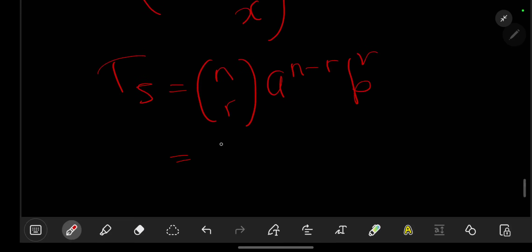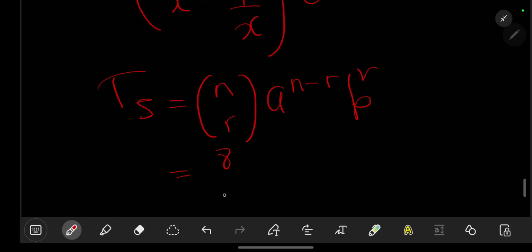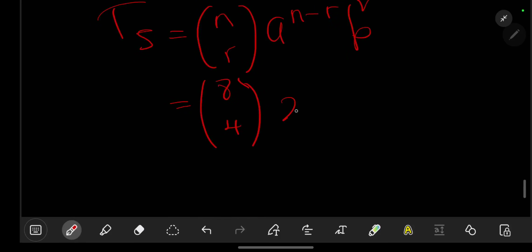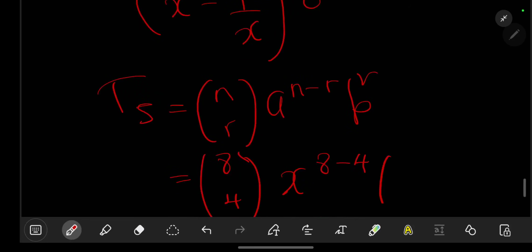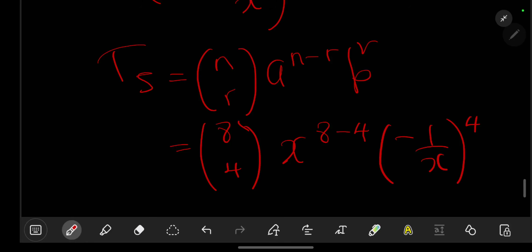So replacing, we have our n is this value, which is our 8, combination of r, which is our 4, then times our a, which is x, to the power n, which is 8, minus our r, which is 4, then our b is equal to our negative 1 over our x, to the power of our r, which is our 4.